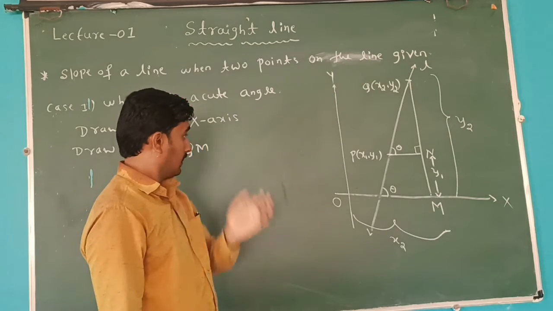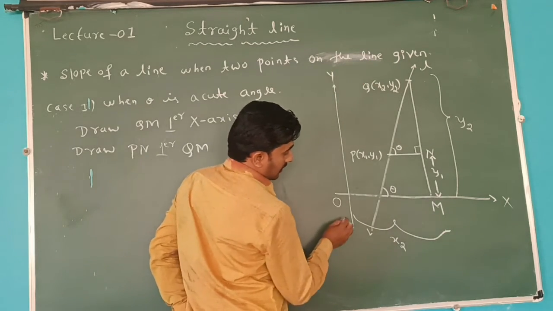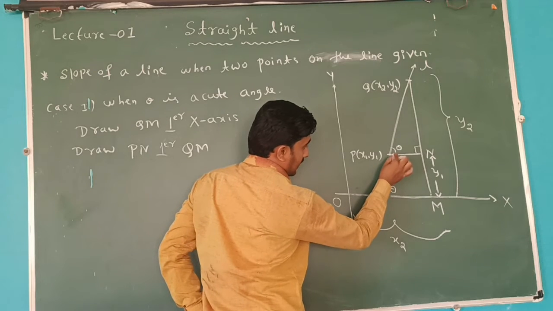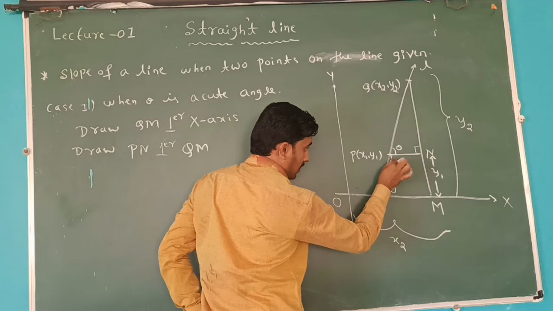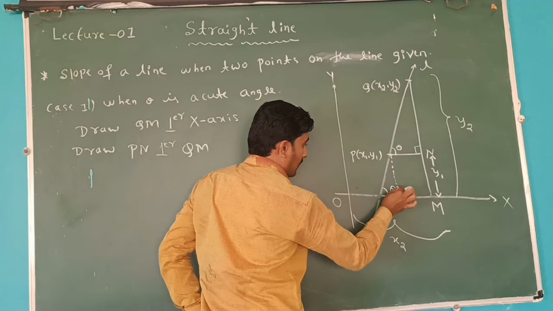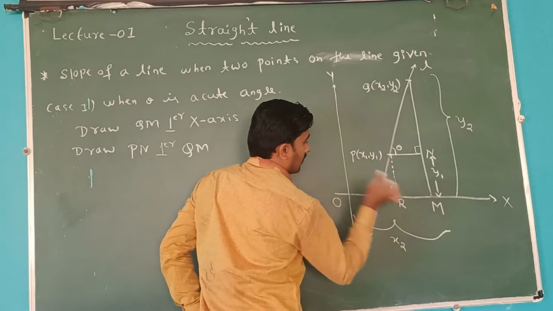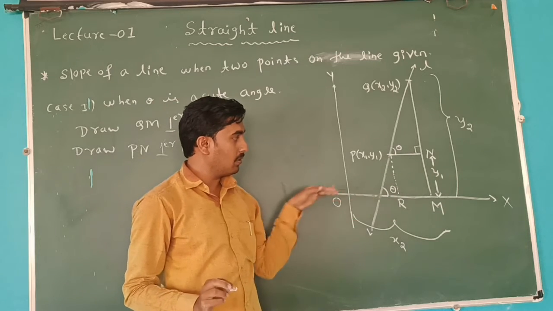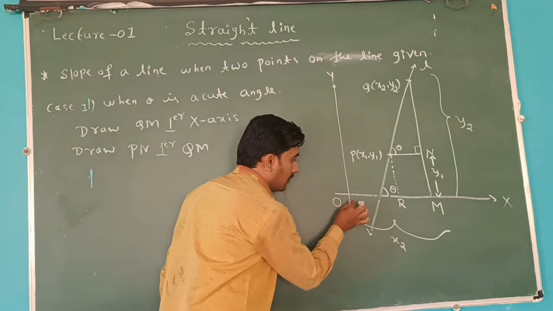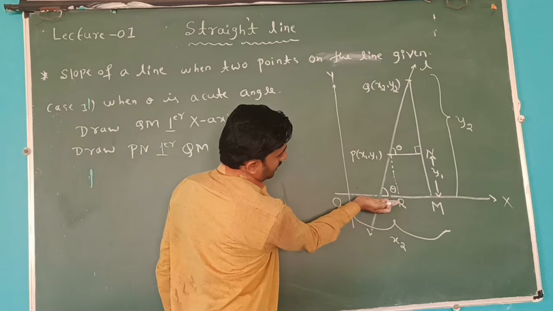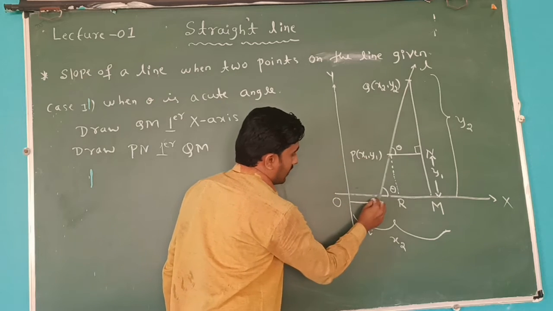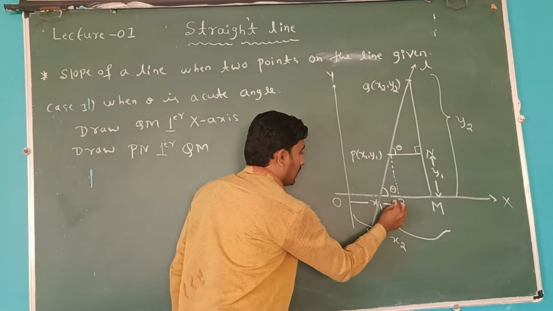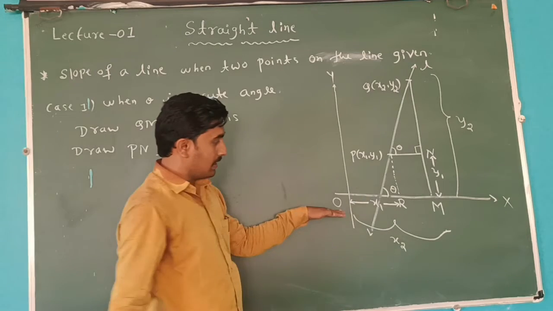Suppose I take a perpendicular here also, this dotted line, this is also a perpendicular. Suppose this is R. Let us assume PR is also perpendicular to the x axis. From the origin to this point is the x coordinate of this point, which is x1.